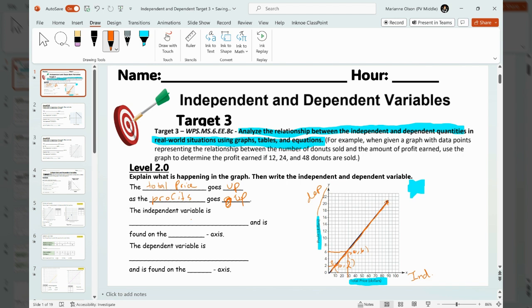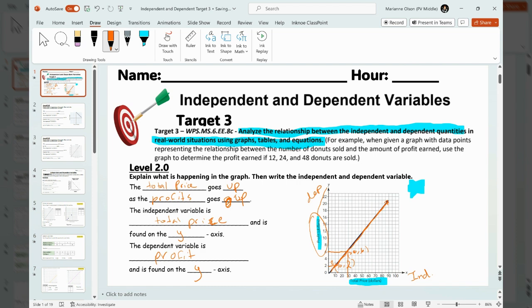The independent variable is total price, and is found on the x-axis. The dependent variable is, let's look, I have it labeled already, profit. And again, that's just right over here, and is found on the y-axis.